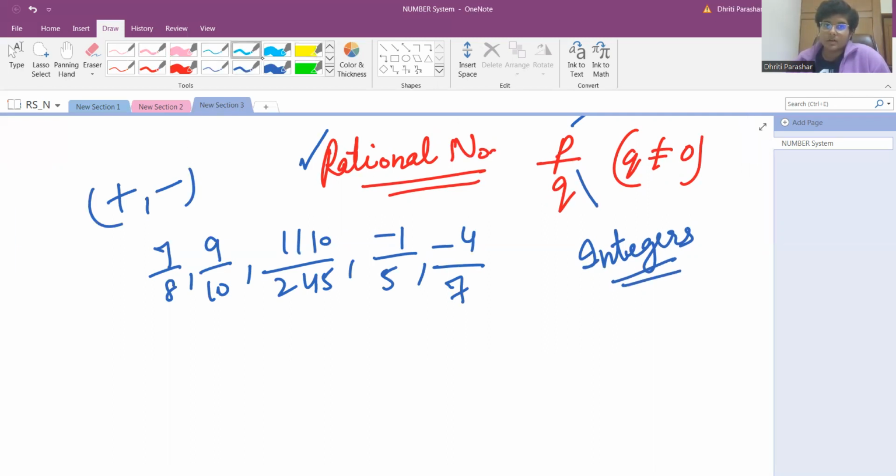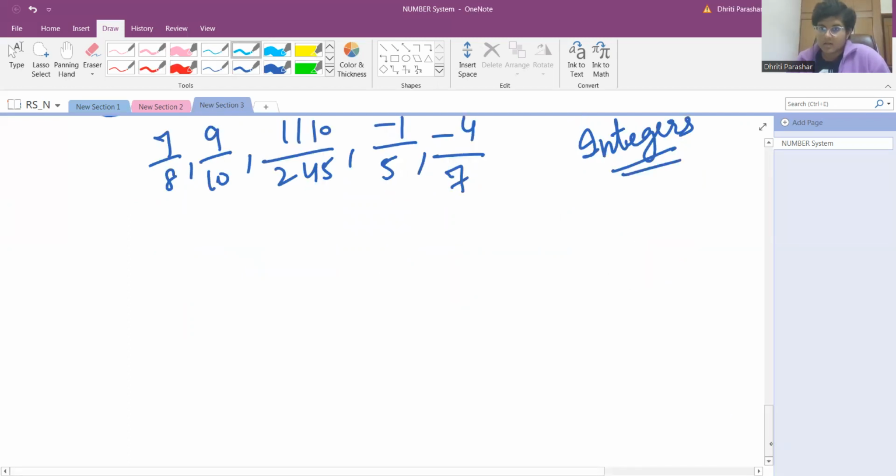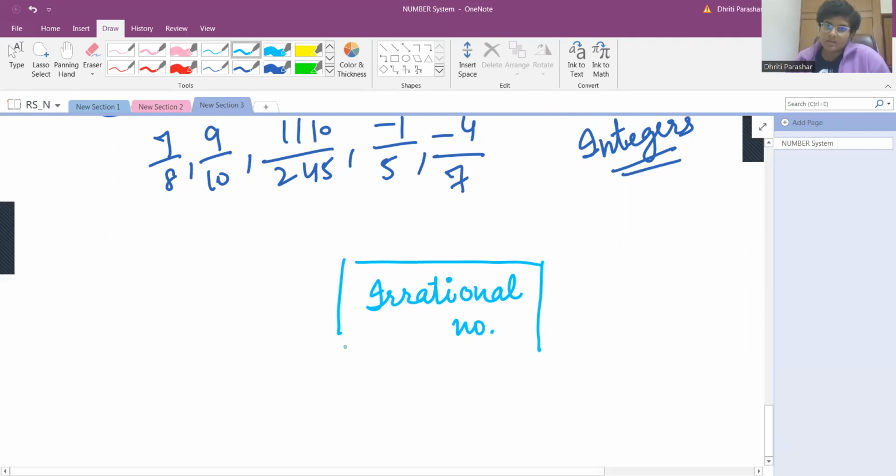Then we talk about another category of numbers, irrational numbers. Before we start with irrational numbers, it is important to understand that all integers, all whole numbers, all natural numbers are rational numbers.